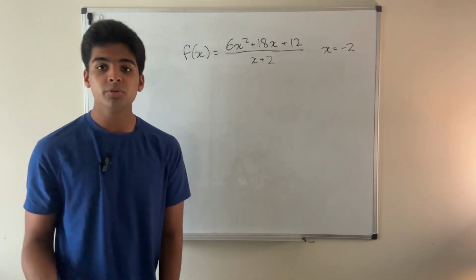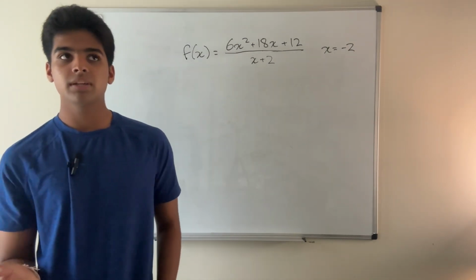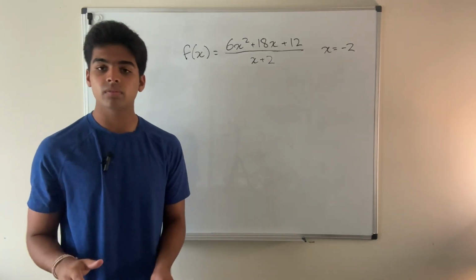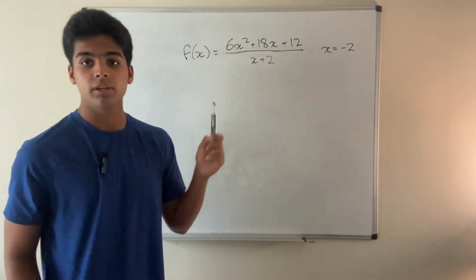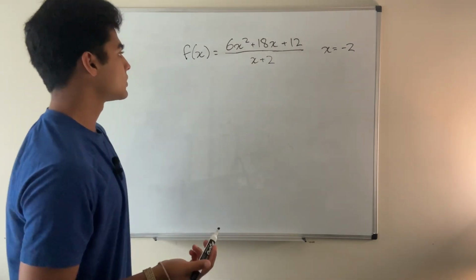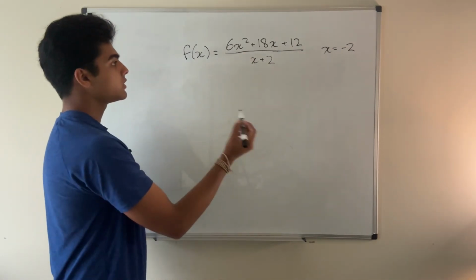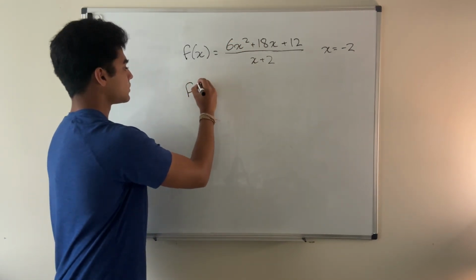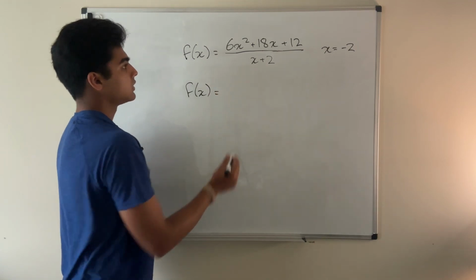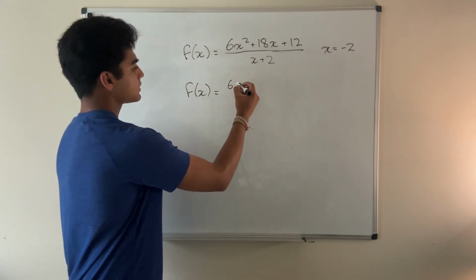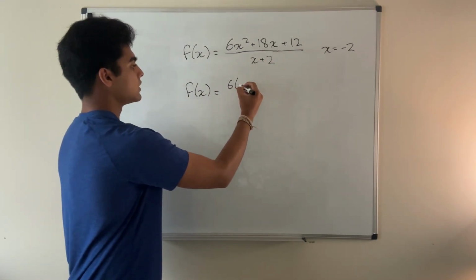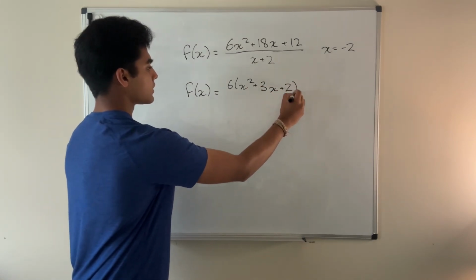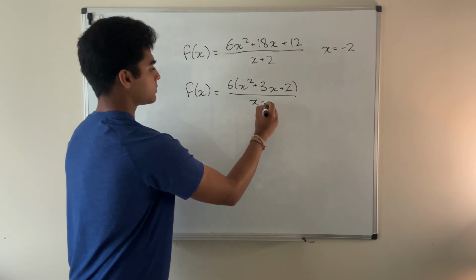So what if we want to remove that discontinuity? By that, I mean basically rewrite this function so that it's the same for every other value, except it will be continuous at this value. So let's try that. We can factor the numerator. So f of x equals 6 times x squared plus 3x plus 2, all of that over x plus 2.